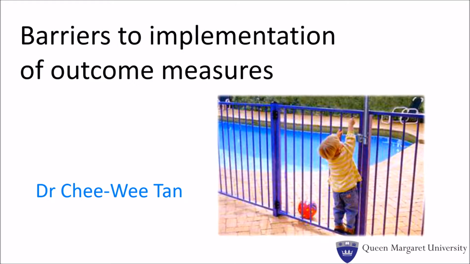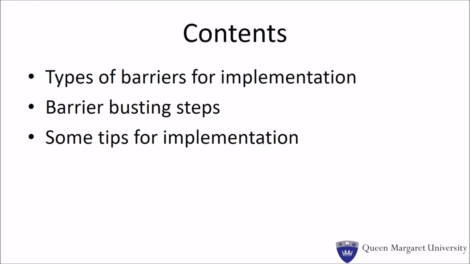Hopefully this lecture will give you some inspiration into guiding you in your last summative assignment on how to produce that assignment. In this mini lecture, there are three things that we're going to look at. Firstly, we'll be looking at the types of barriers for implementation of outcome measures.